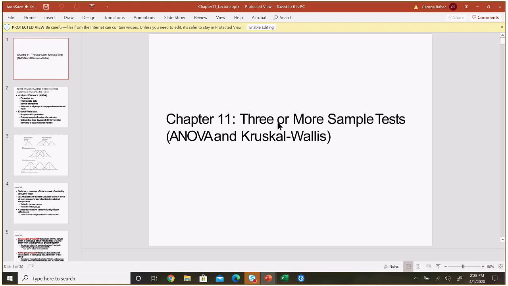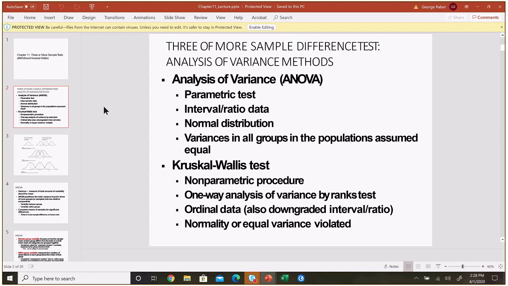We're now looking at group A, B, C, ... N. We could have 3 groups, 4 groups, 5 groups, 6 groups, 7 groups, all the way up to, theoretically, infinity number of groups. So that's what we're doing today: talking about the tests that compare 3 or more groups or samples. And they all have to be samples, or we're assuming that they're all samples.